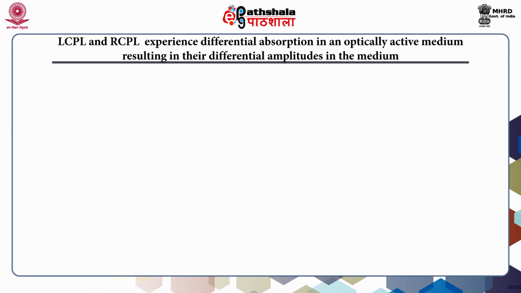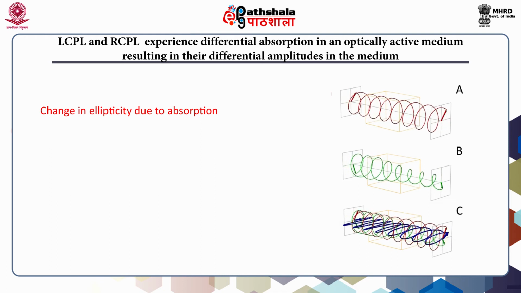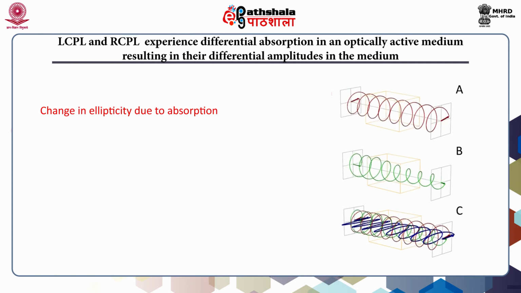If the amplitudes are different, they will affect the resultant wave. And how it is affected, you can see in the panels from A to B. In panel A, it is the LCPL, left-handed circularly polarized light, while panel B shows right-handed.